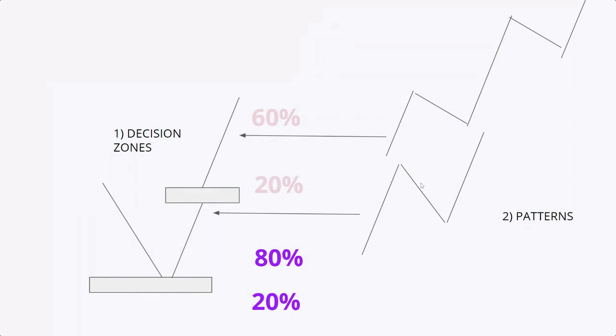The second important thing, how I assess probabilities, is with patterns, and of course, patterns includes Fibonacci, moving averages, fractals, price patterns, wave patterns, chart patterns, time patterns, to assess whether price is moving as expected. So if we got the bounce here at the decision zone, if price is moving in an ABC up, then a small correction is becoming more likely.